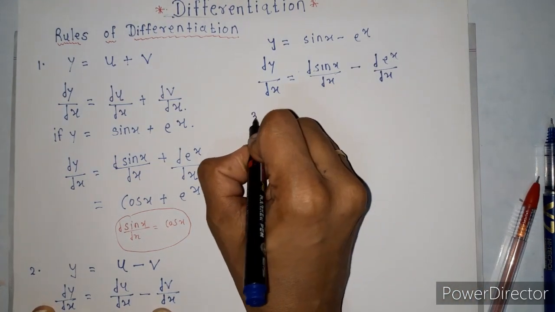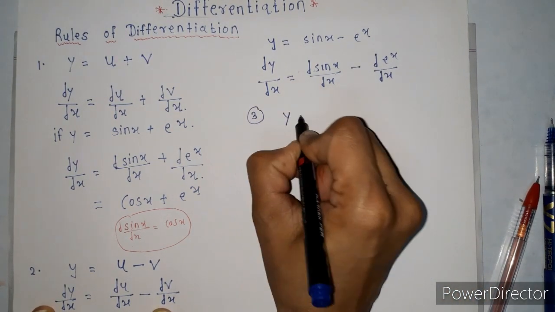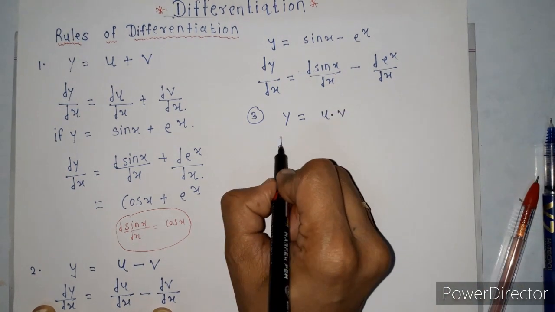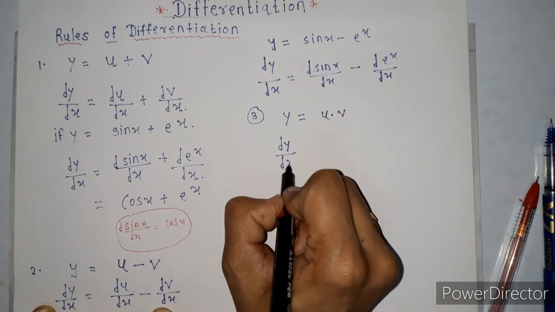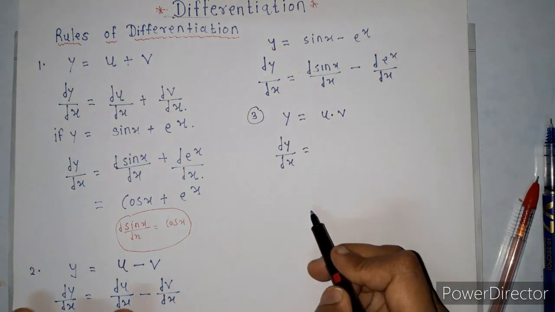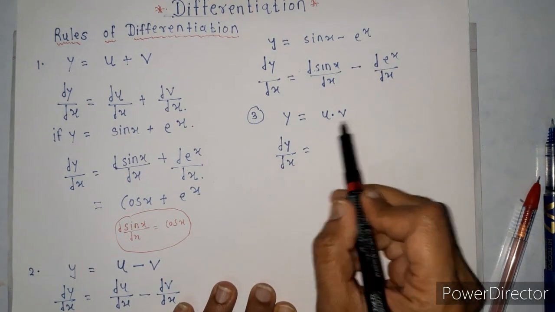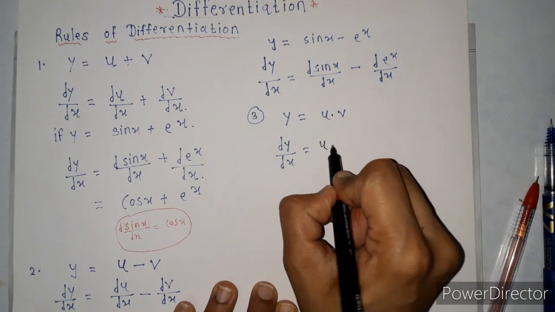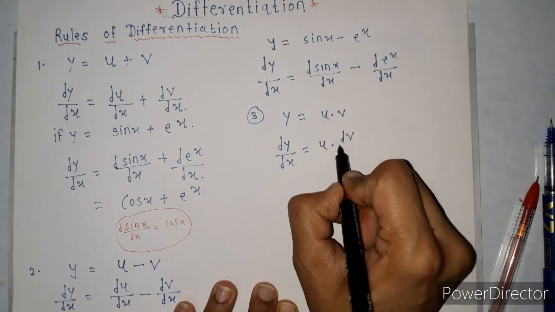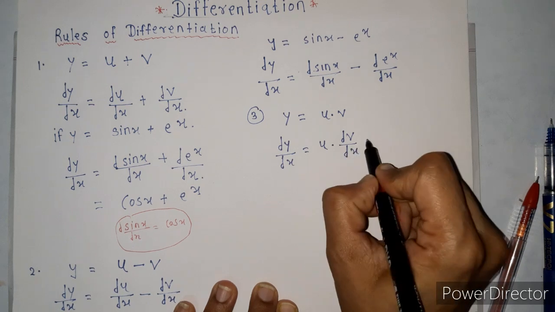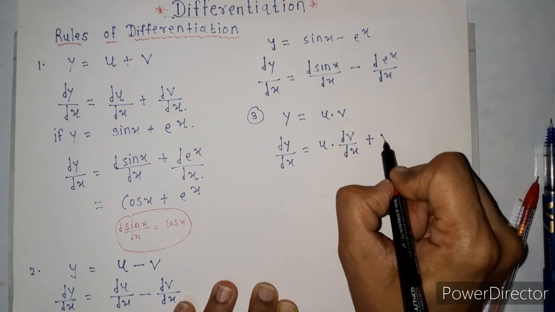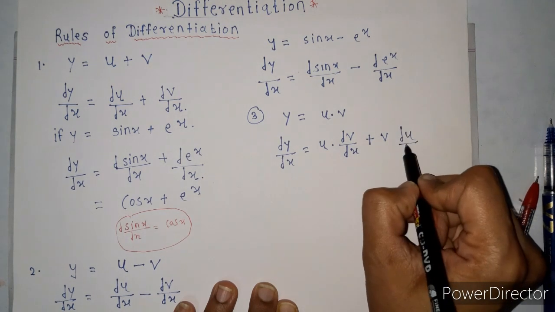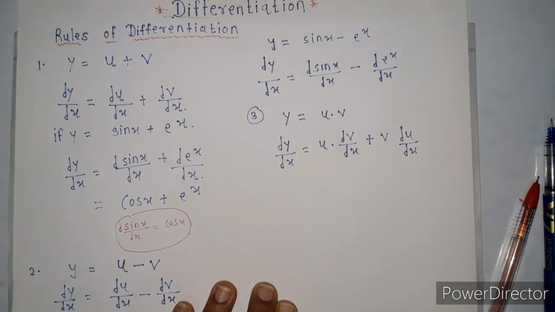The third rule is that if y equal to u into v, then dy by dx equals, while taking the derivative of the multiplication of two functions: keeping the first function constant, the differentiation of the second function with respect to x, plus keeping the second function constant, the differentiation of the first function with respect to x.